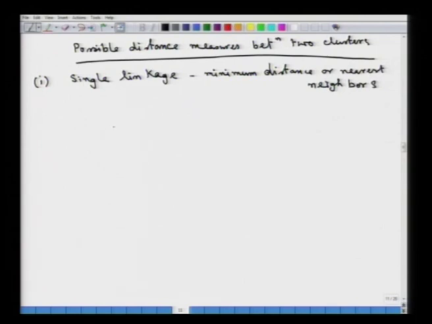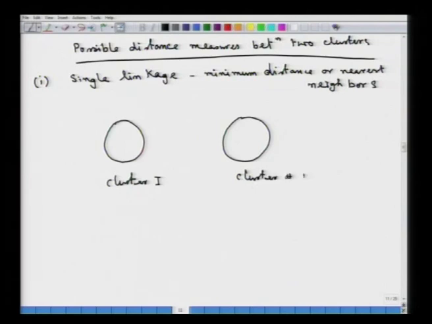Let us take this particular example. Suppose I have 2 clusters, these are 2 clusters. So, this is say cluster number 1 and this is cluster number 2.